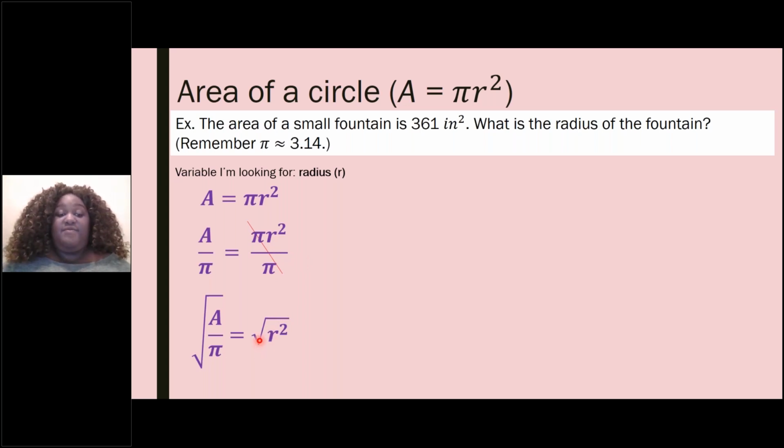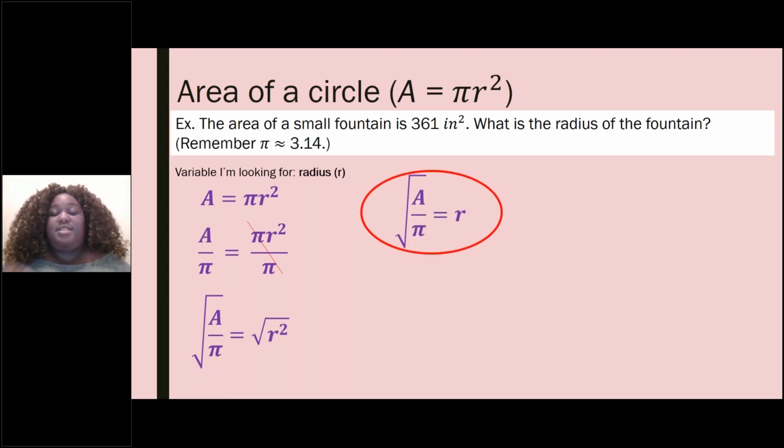In order to get rid of a square, the opposite of a square is a square root. So we'll take the square root of r squared, and we have to take the square root to the left, because what you do on the right, you do to the left. That'll get us r by itself. So r is equal to the square root of the area divided by pi for this formula.